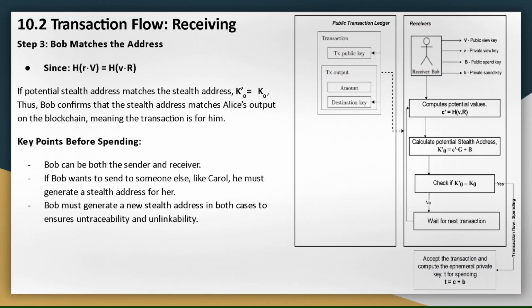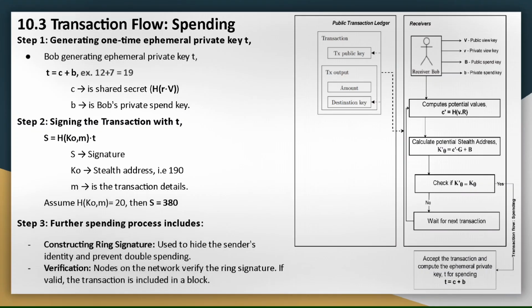So the spending part includes generating a one-time ephemeral private key T. In order to spend the transaction, Bob has to generate capital T, which will be the one-time private key. Let us say we have shared secret C here and small b with us, that is Bob's private spend key.